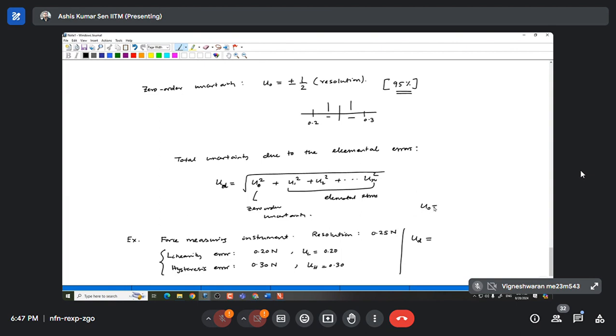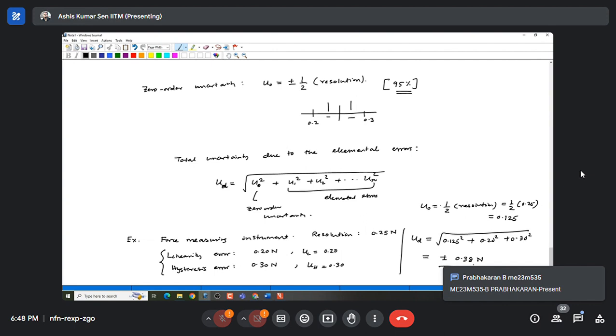Then U0 is half of the resolution, that is half of 0.25, that is 0.125. Okay, so we have all the uncertainties now. 0.125 square plus 0.20 square plus 0.30 square. Take square root, we get plus minus 0.38 Newton.